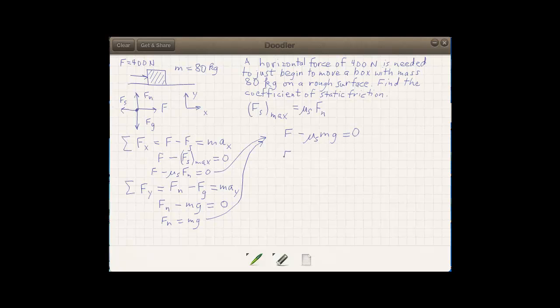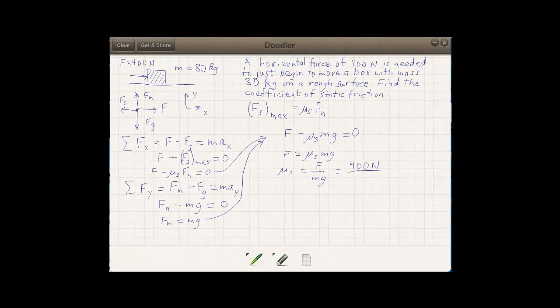So F equals mu sub s mg, and now divide both sides by mg, turn it around, mu sub s equals F over mg. And as we plug numbers in for this, we should always plug their units in with them, because then we can check our answer and make sure that it has the right units.